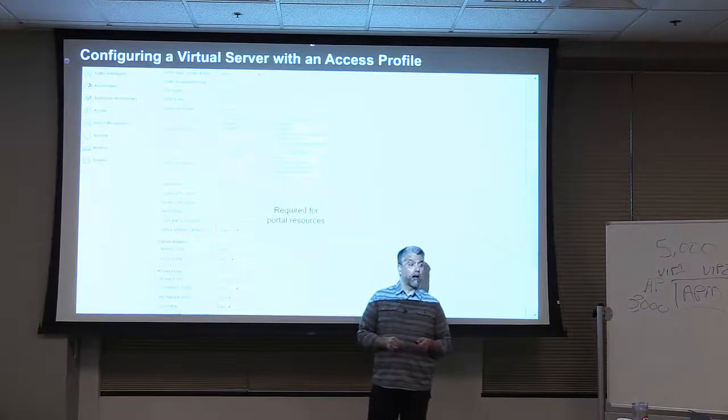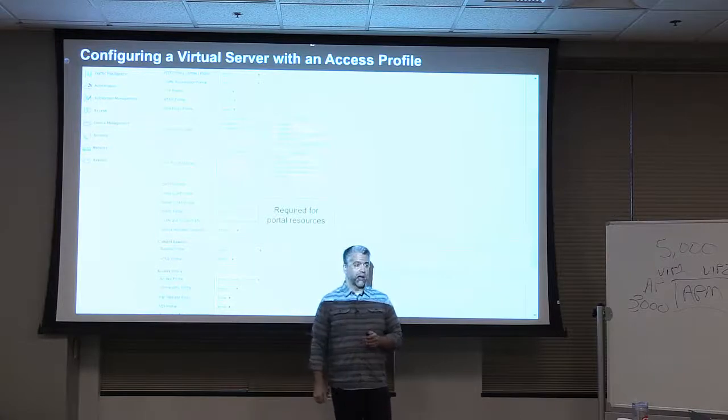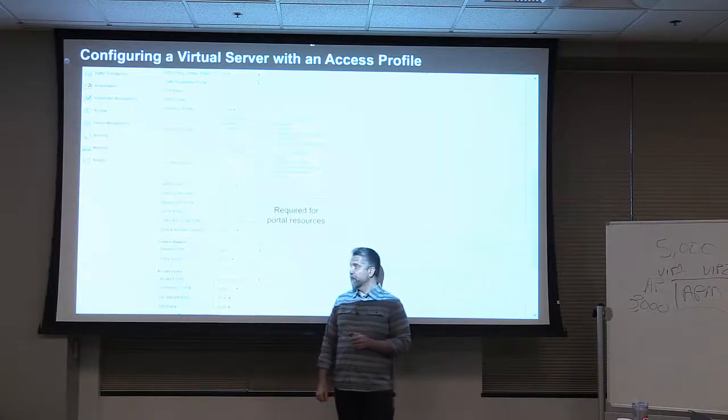Two other things are going to be taken into consideration. If this access profile is going to give out portal resources of any kind, we'll need to have a rewrite profile also identified.